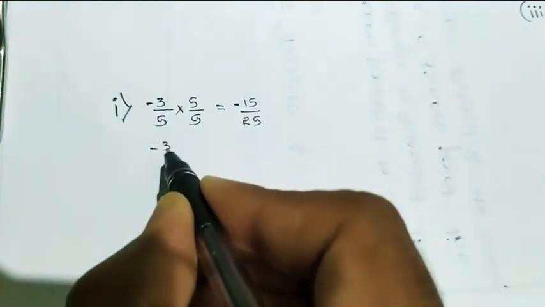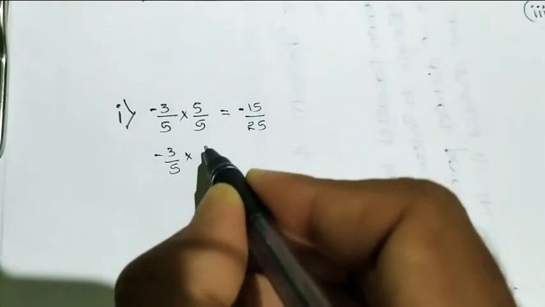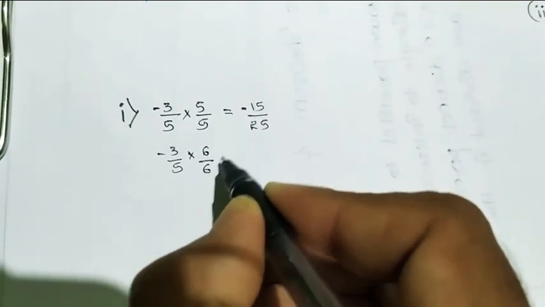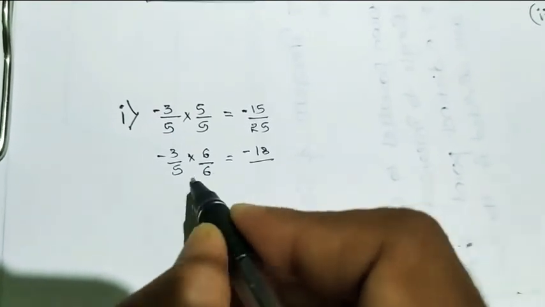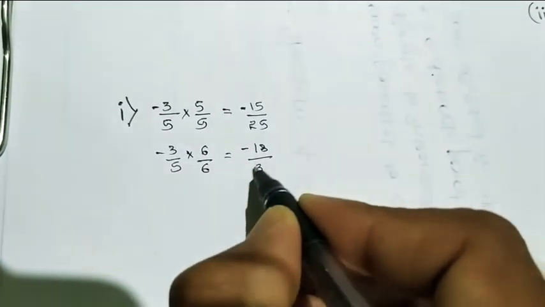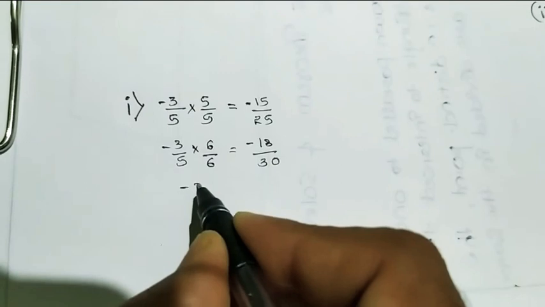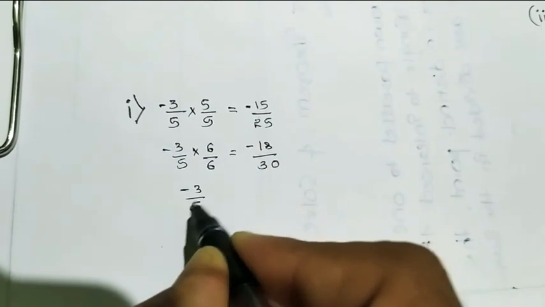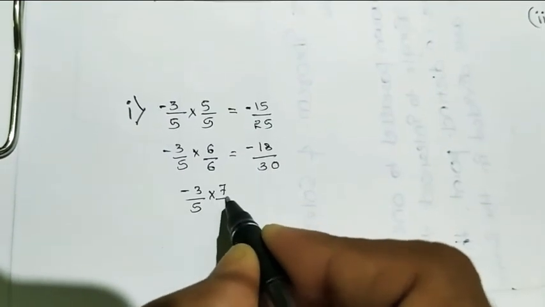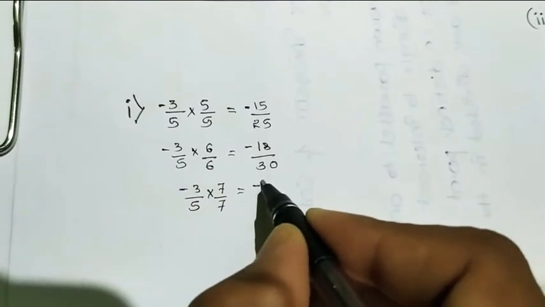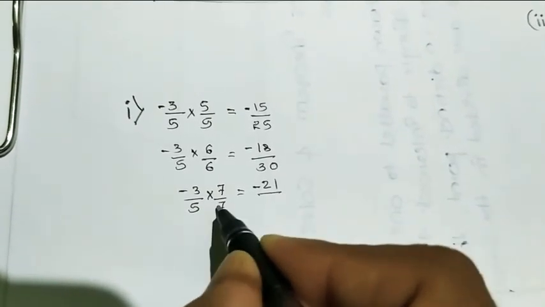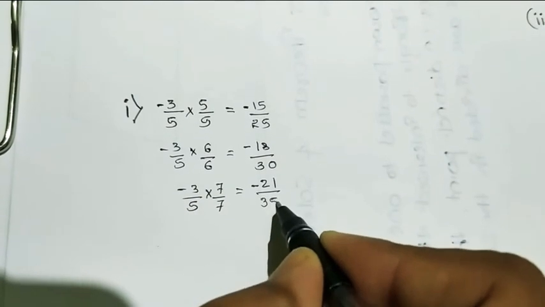Like that, minus 3 by 5 into 6 by 6. So 6 3s are minus 18, 6 5s are 30. Again minus 3 by 5 into 7 by 7. So it will be 7 3s are 21, minus 21. 7 5s are 35.